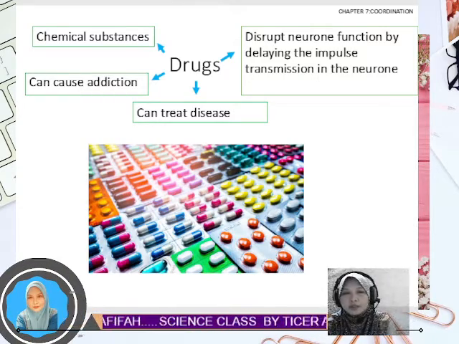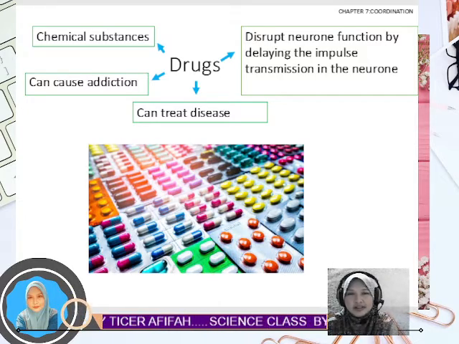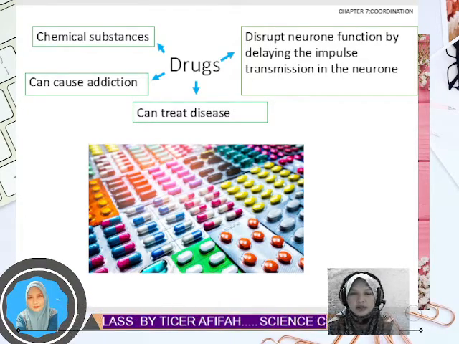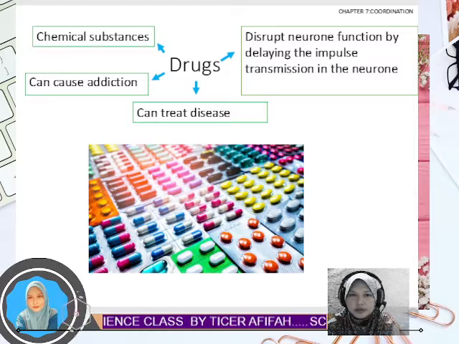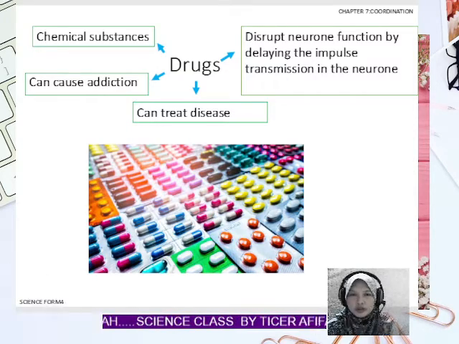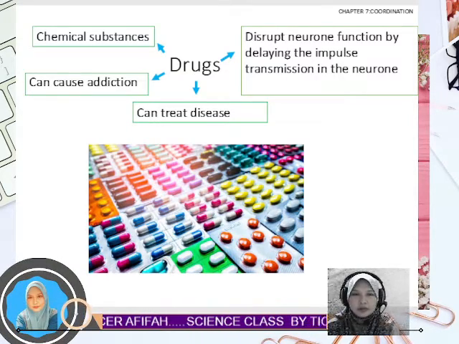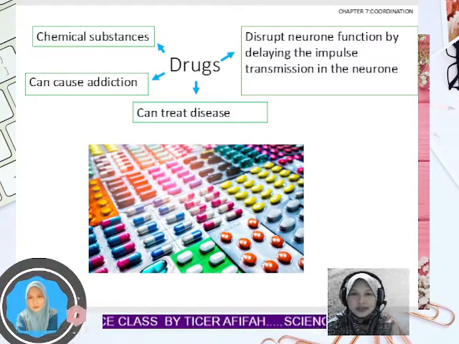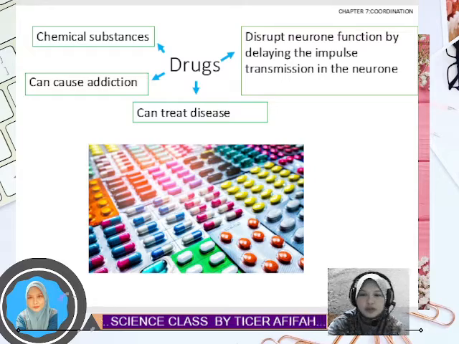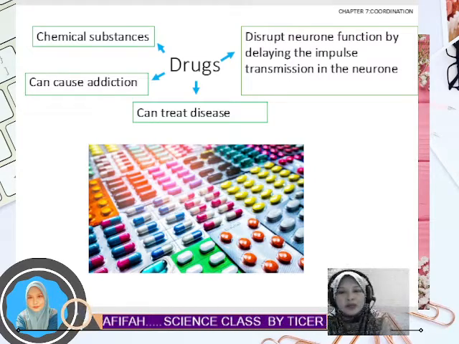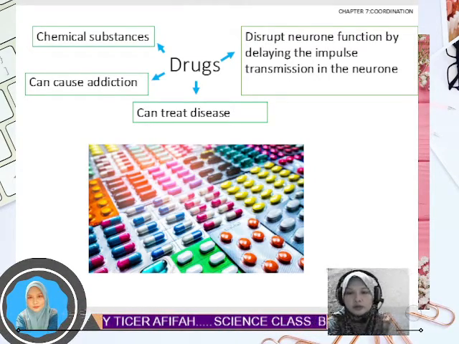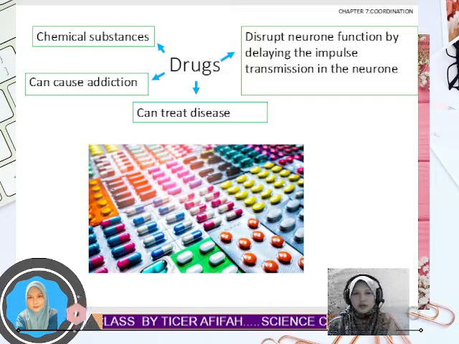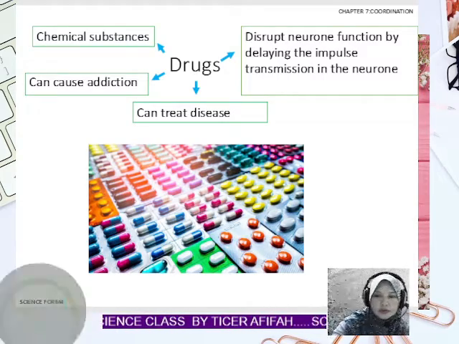The benefit of drugs is they can treat disease, but drug abuse will disrupt the neuron function by delaying the impulse transmission in the neuron. This is the disadvantage of misuse of drugs or drug abuse.